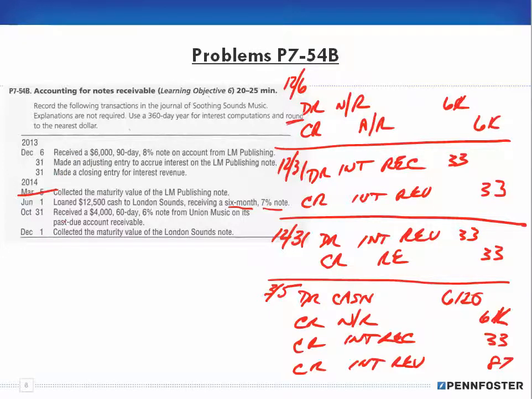I talked about loaning the cash first, and then creating a notes receivable second. So here we're doing the first one. On 6/1, we're going to debit notes receivable for the 12,500, and we're going to credit our cash for 12,500.